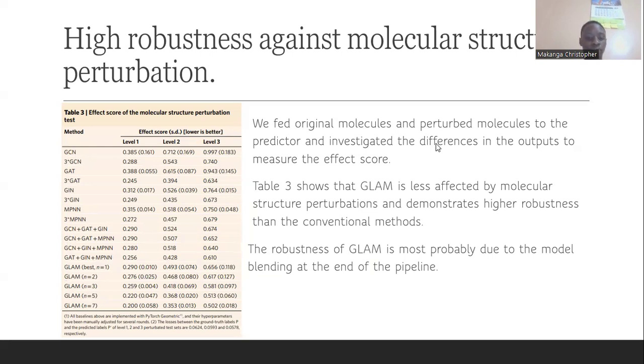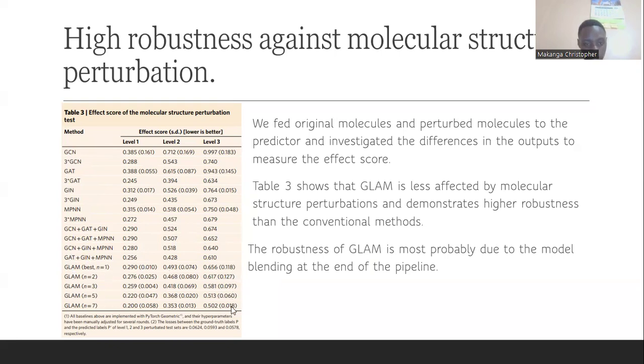As we can see in this table, they were investigated on different predictors for the different methods.